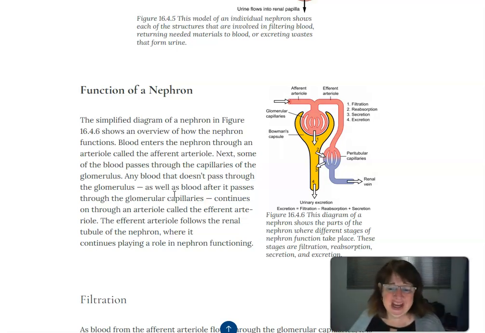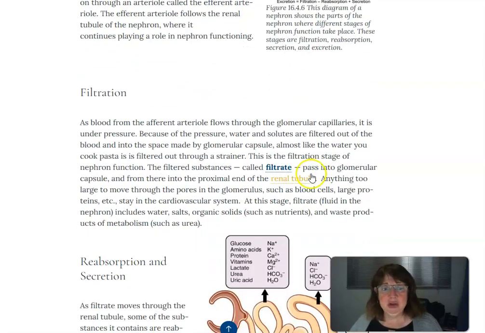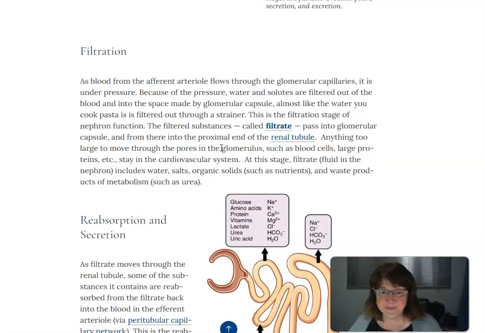This is true with the nephron. The blood will pass everything out except the blood cells and the large proteins. All the good stuff will go into the capsule and then eventually be reabsorbed. In the process of filtration, because of the pressure, water and solutes are filtered out into the space made by the glomerular capsule.